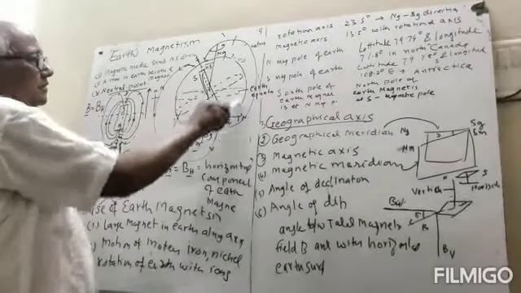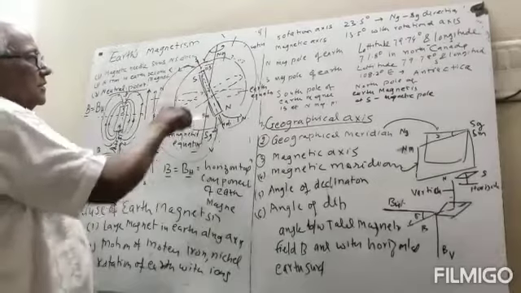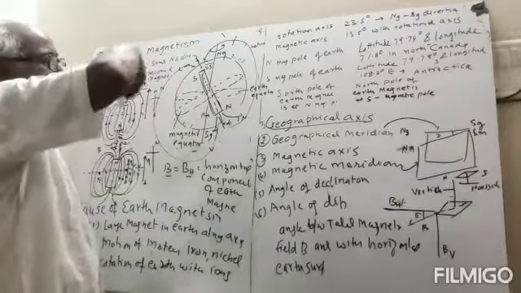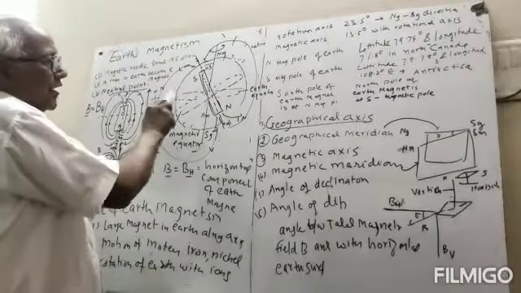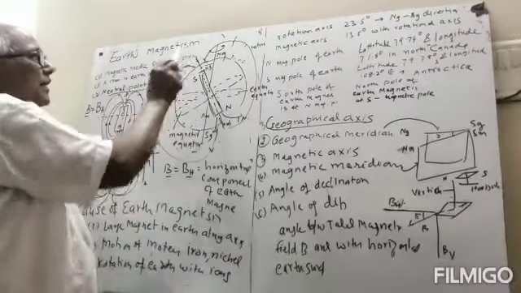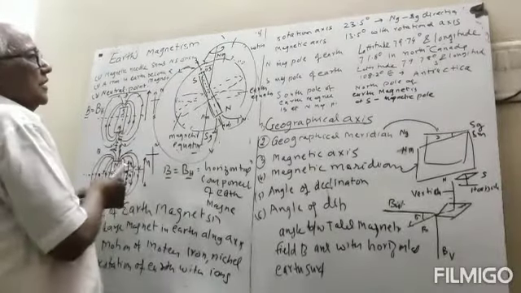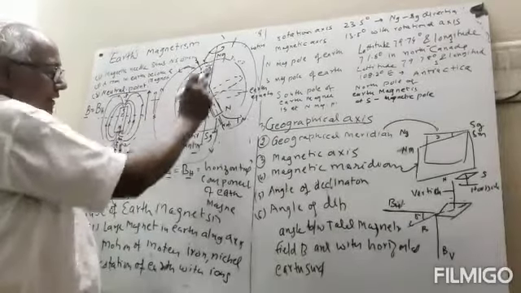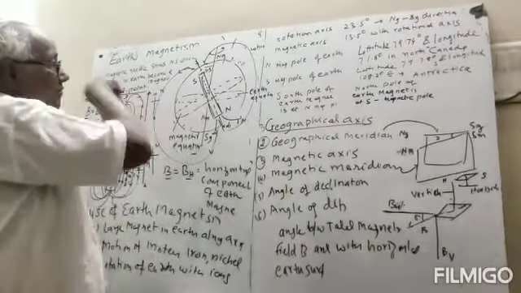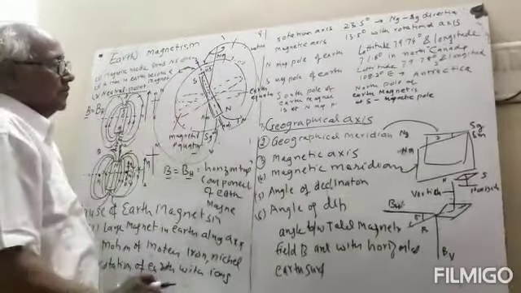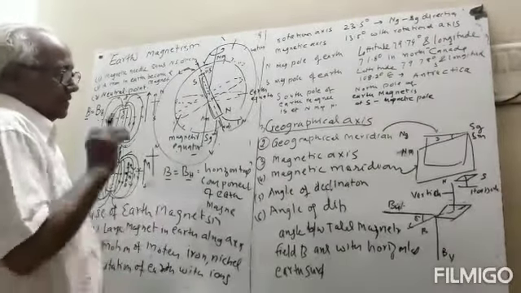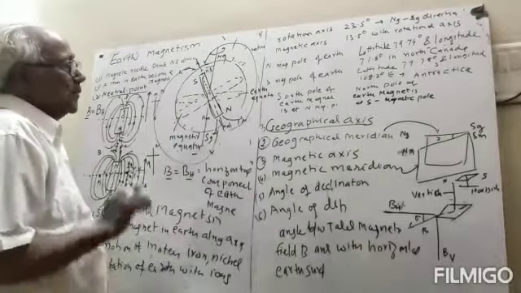So this is our earth, and this is the axis about which earth is rotating counterclockwise. Earth rotates from west to east, so it's counterclockwise. We have considered that this is the geometrical north and this is the geometrical south. And here there is a magnet, and the presence of the magnet can be shown by the magnetic lines of force.